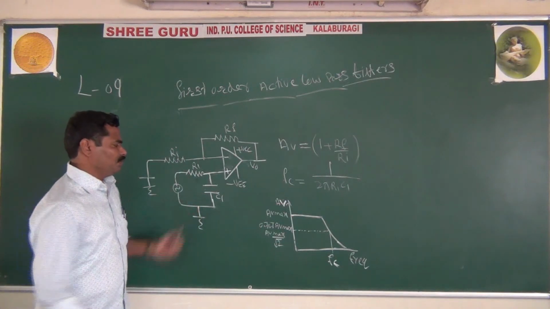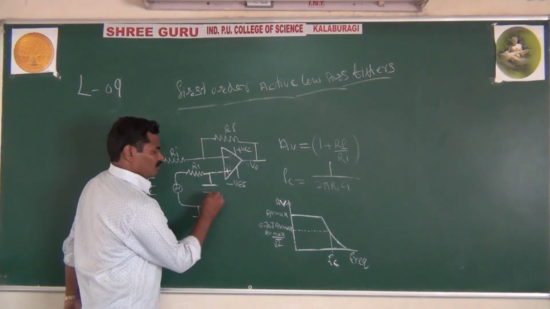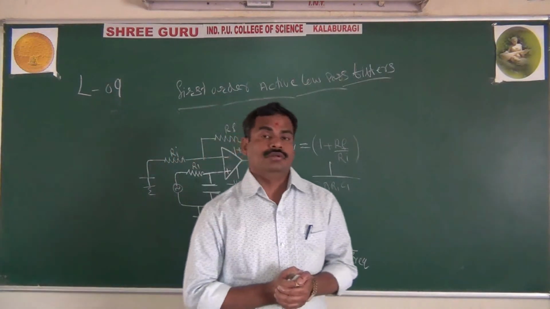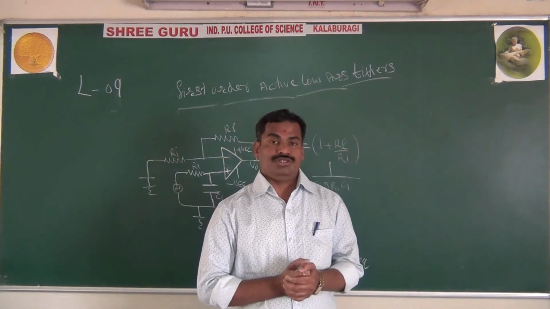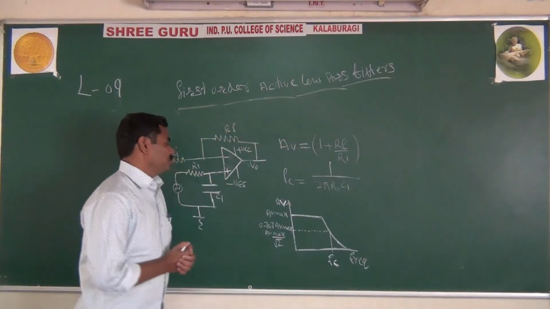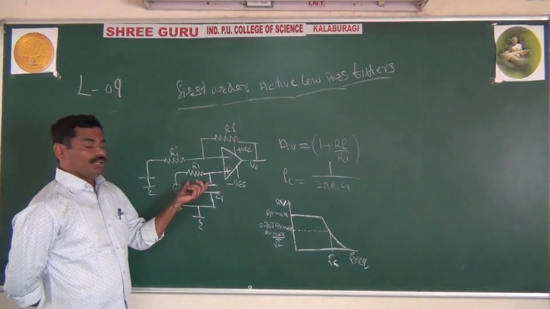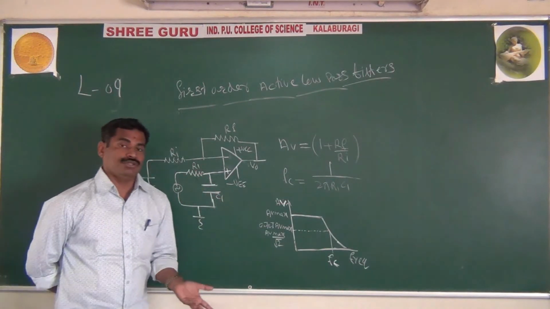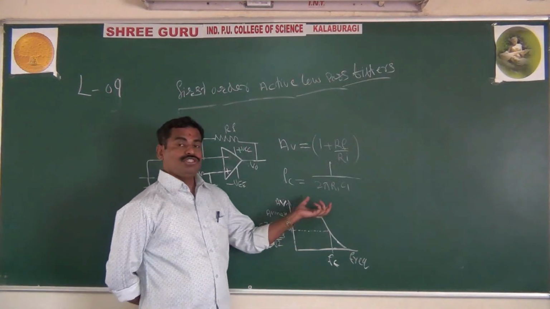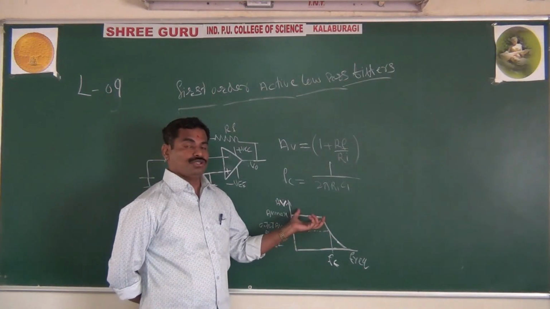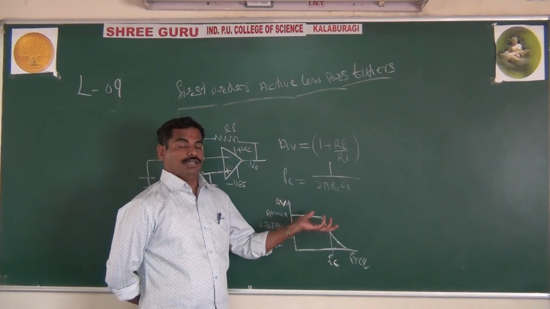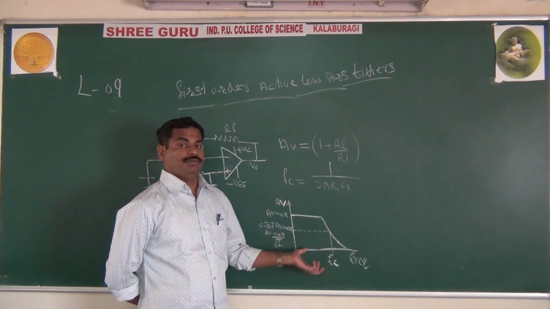And as I said, the important thing you are studying here is the low pass filter. It allows only low frequencies, and high frequencies will be attenuated. How much will it allow? From 0 up to some cutoff frequency it allows the signals, and after the cutoff frequency it attenuates most of the remaining frequencies.